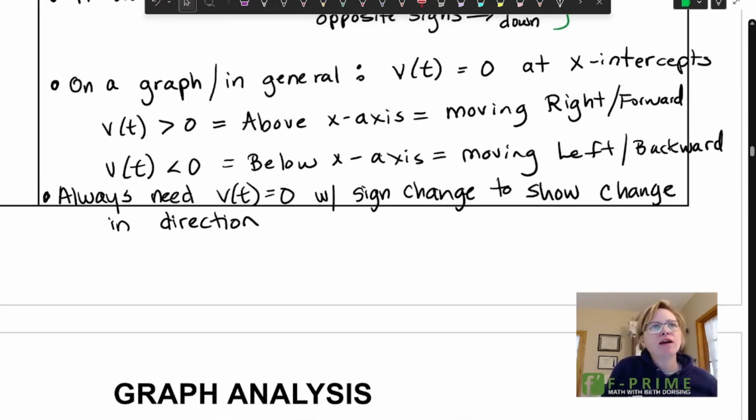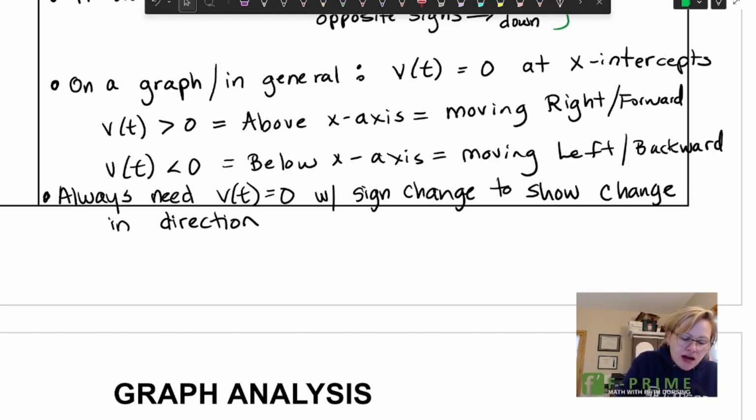And final reminder here, you're going to be asked probably at some point to know if a particle is changing direction. So it's really important to know that you need two things for a change in direction for linear motion. You need that velocity to be 0, and then you need to show a sign change. In other words, on a graph, you need your graph to look like this.